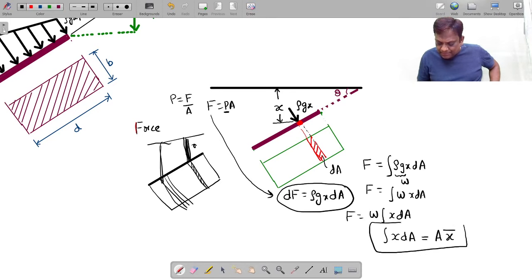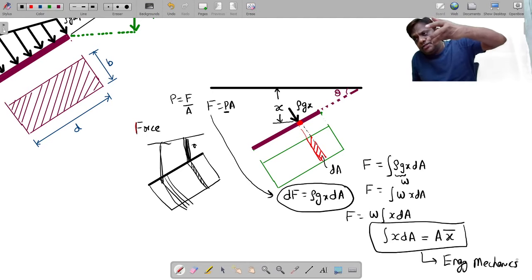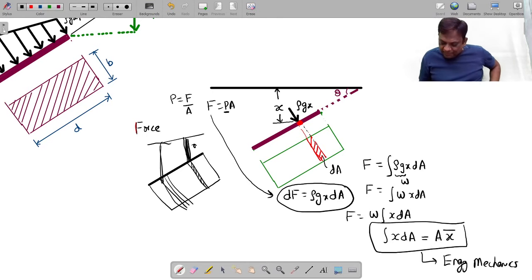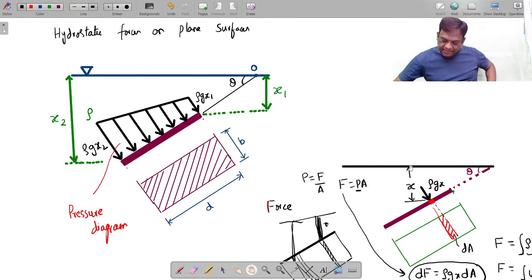So what is A? It is the total area. And please note down that x is the vertical distance; all distances are measured from the free surface.